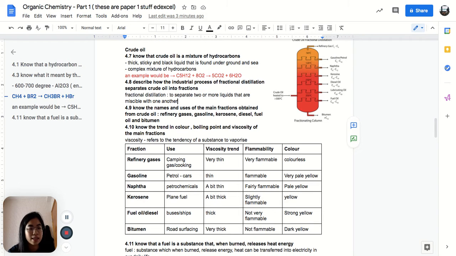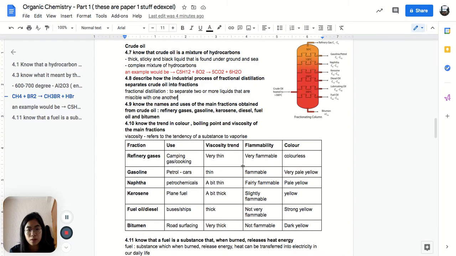Viscosity gets thicker as you go down the column, and flammability gets less flammable as you go down.